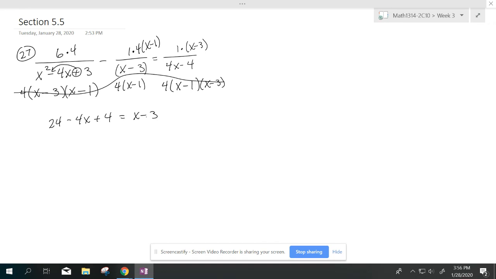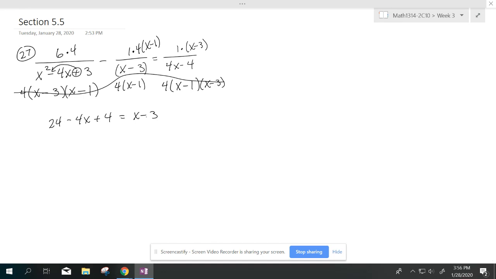That's the most common mistake people will make on a test, is they will forget that negative out front has to distribute, and this 4 will end up being negative, and then it screws the whole thing up, okay? So I'm warning you. If there's a minus in front of a fraction, that minus has to distribute.